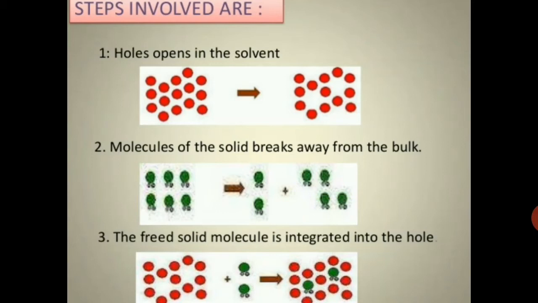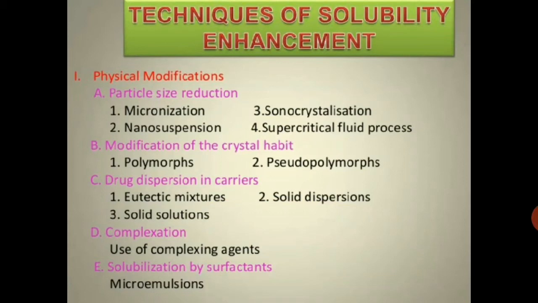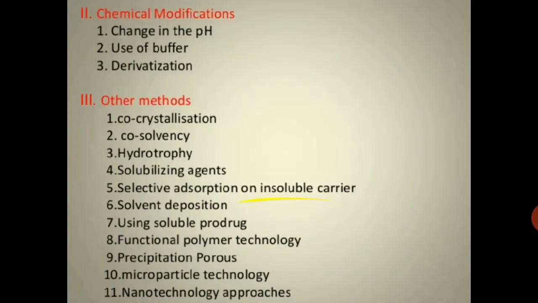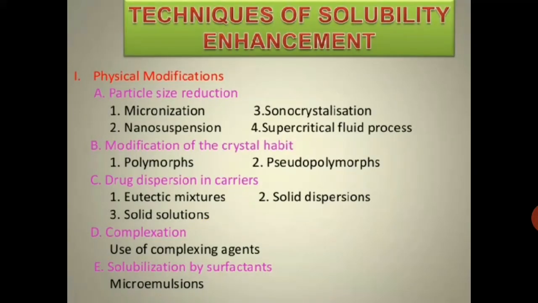Next, the techniques of solubility enhancement are classified into three types: physical modification, chemical modification, and other methods. The first one is the physical method. It is divided into four parts. The particle size is reduced by methods like micronization, nanosuspension, crystallization, and supercritical fluid process.